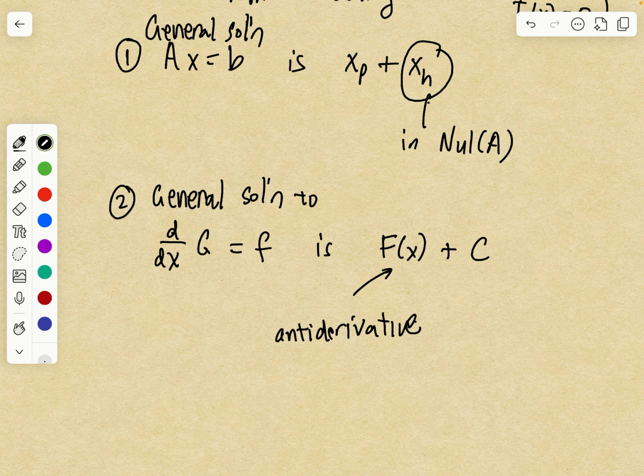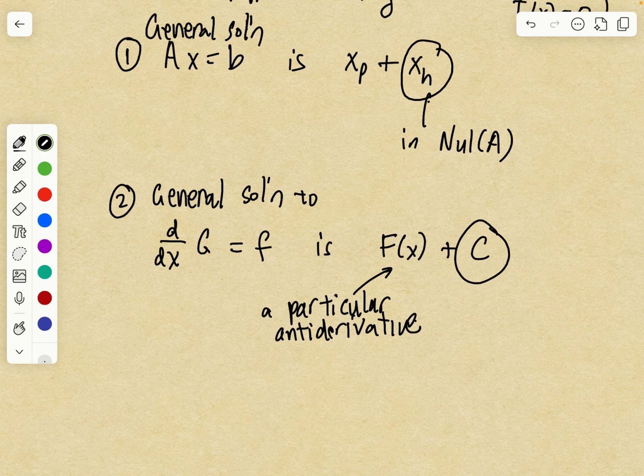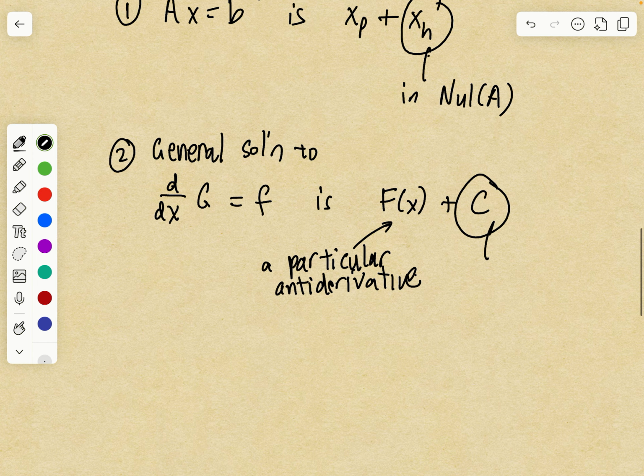Maybe I'll just write it like this. Particular antiderivative, and then these constant functions. Why do I need to add constant functions? Remember, I'm adding a constant function, not a constant number. These constant functions are, in some sense, the null space of this differential operator d/dx.